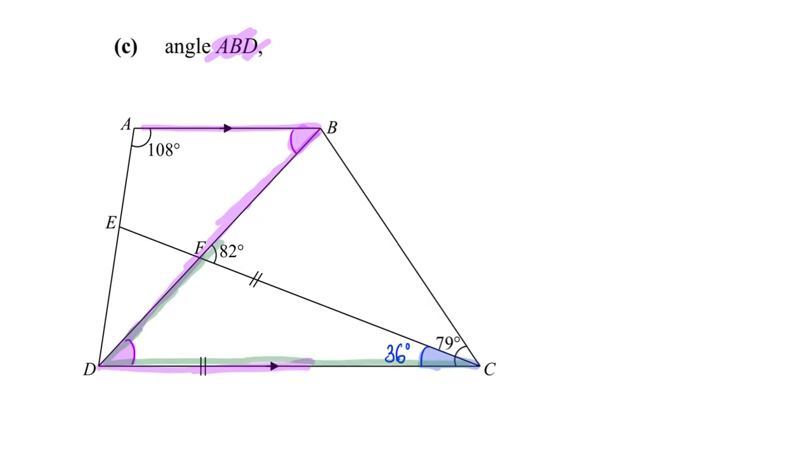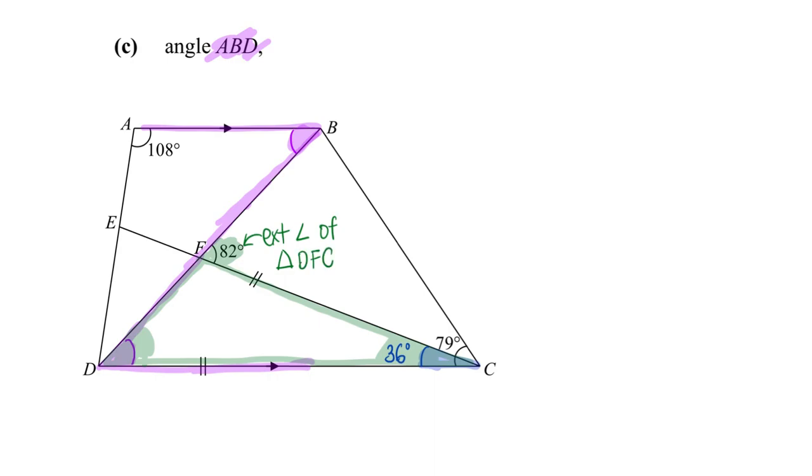triangle. Because this angle and this angle and this angle has a special relationship. Please see that this is actually the exterior angle of triangle DFC, the green color triangle.